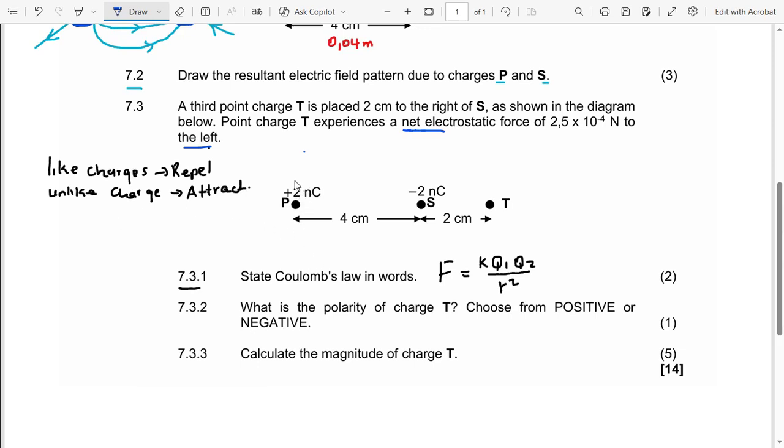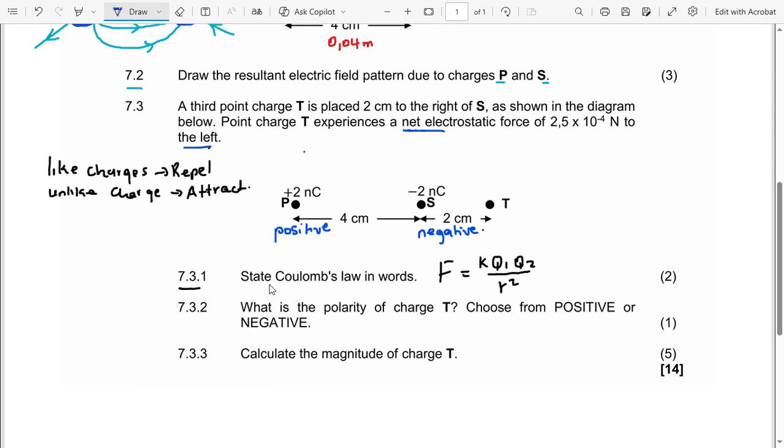We can see that P is positive, and then we can see that S is negative. Okay, right. And then T is unknown. This is what we are finding. We need to find if T is positive or negative.